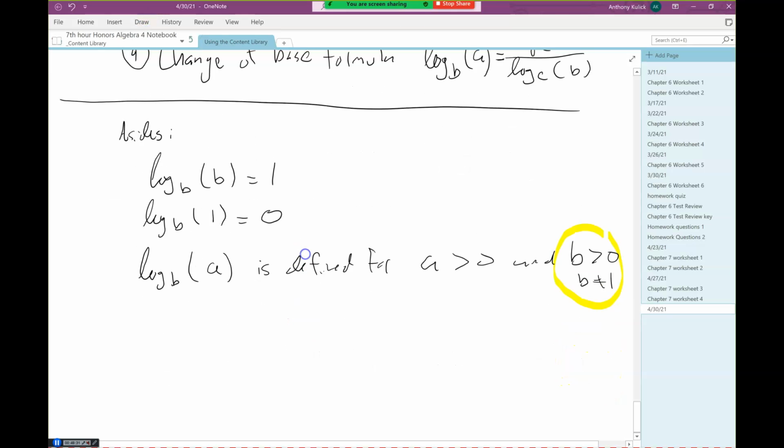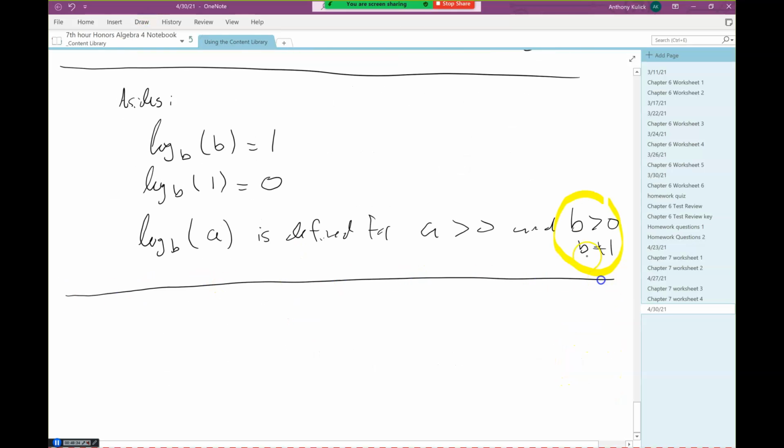So let's just do a couple of examples now using these properties, and we'll be done for today. There are 2 major types of problems that we'd ask you to do using these properties. The first type is called expanding.